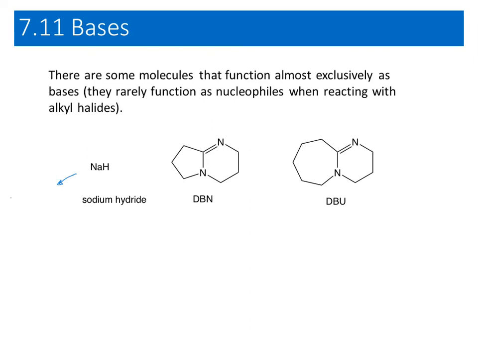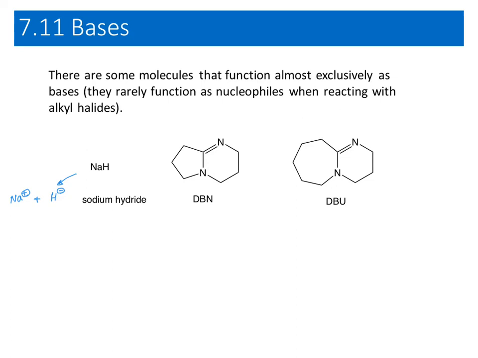It is positively charged, and hydride is a negatively charged hydrogen. So hydride is very small, therefore it cannot stabilize the negative charge, so it cannot act as a good nucleophile. Therefore it prefers to take a proton from a proton source and converts to the H2 molecule to get rid of that negative charge. So sodium hydride only acts as a base.